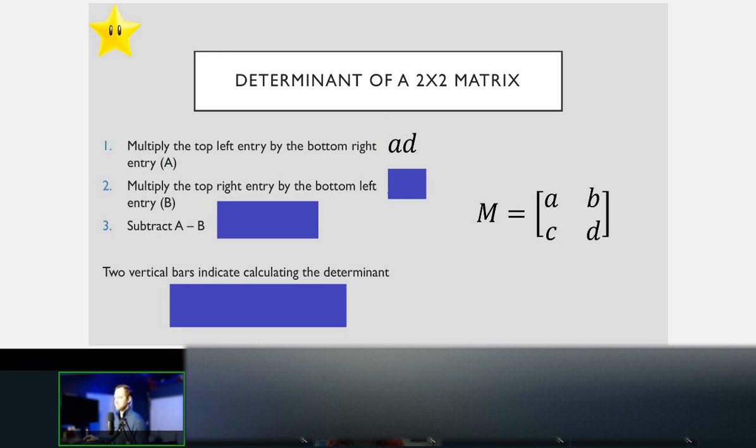Next, step 2, we multiply the top right entry by the bottom left entry. So B times C. So far, pretty easy, right?